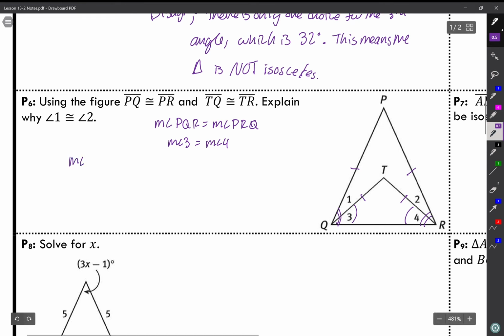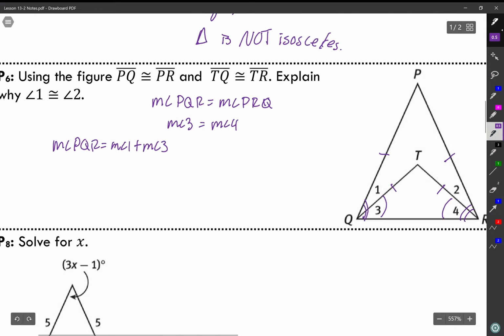So the measure of angle PQR is equal to the measure of angle 1 plus the measure of angle 3. And PRQ is the measure of angle 2 plus the measure of angle 4, right? This is the angle addition postulate that tells us that.